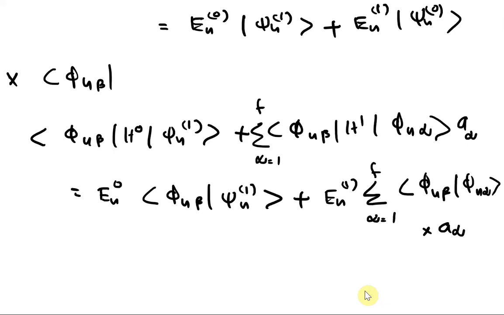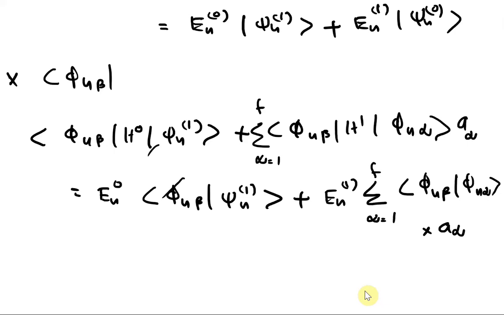Now what will happen if this is exactly the same procedure? H naught acting on phi n beta, the unperturbed Hamiltonian acting on this, produces En naught into phi n beta and this coefficient quantity, which you also have on the RHS, and both of them will be cancelling.